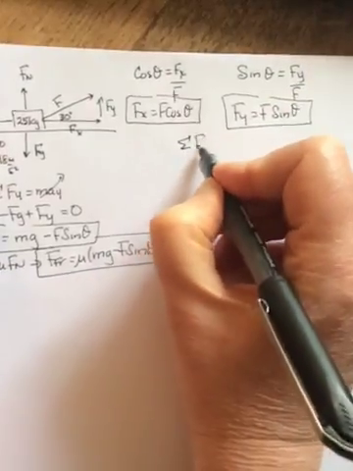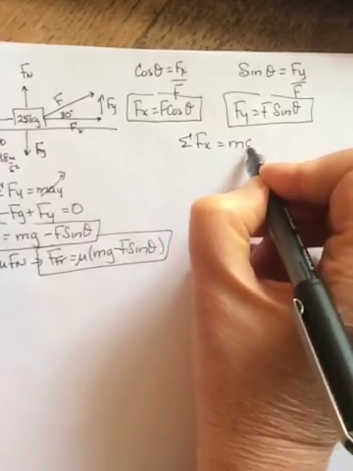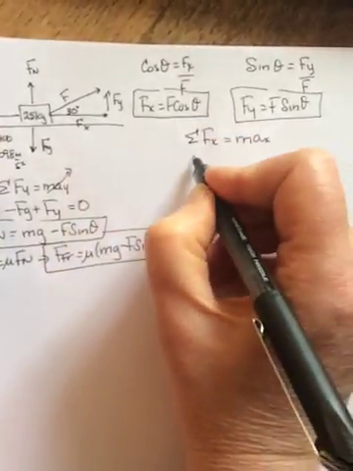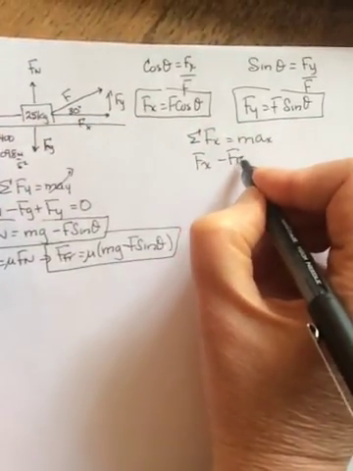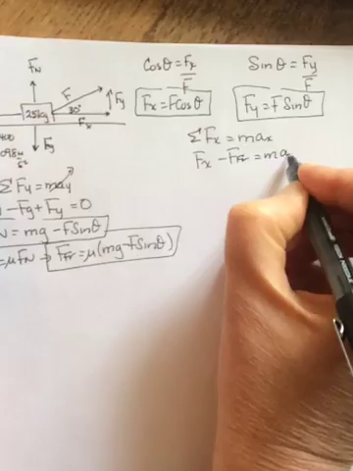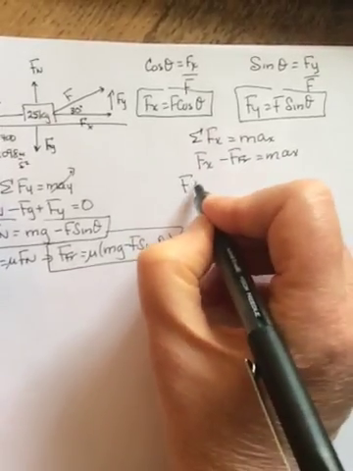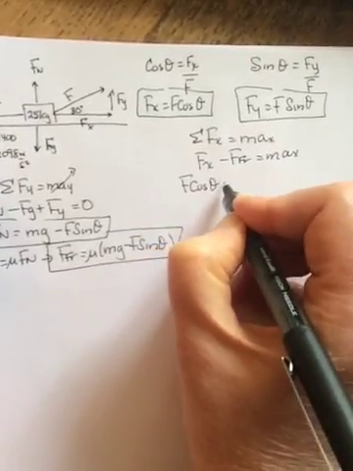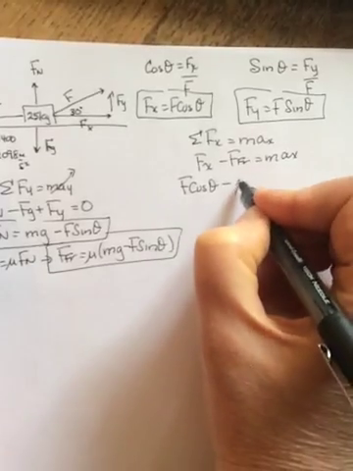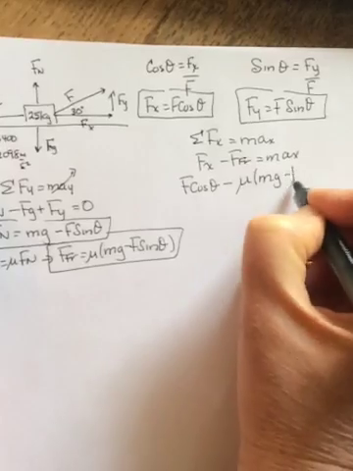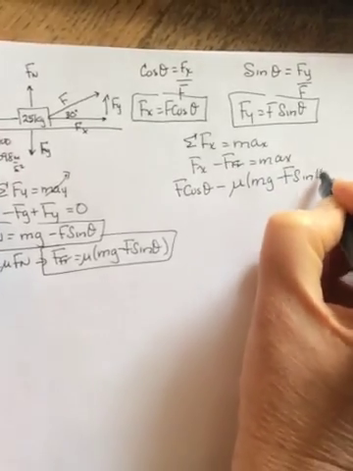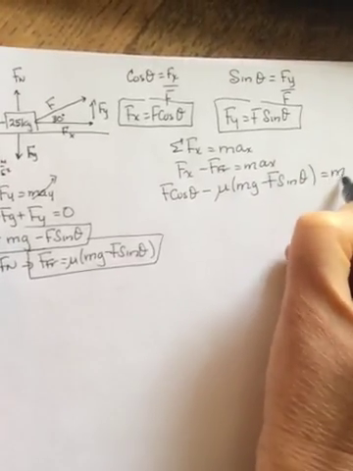So we go to the sum of the forces in the x direction equals max, and in the x direction we have Fx minus our friction equal to max. Fx is just F cos theta, and friction we have right down here. It's mu brackets mg minus F sine theta, and that's going to be equal to max.